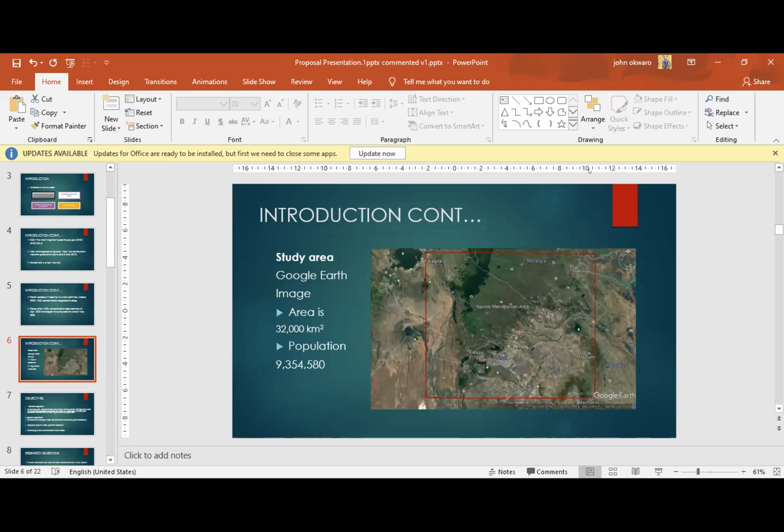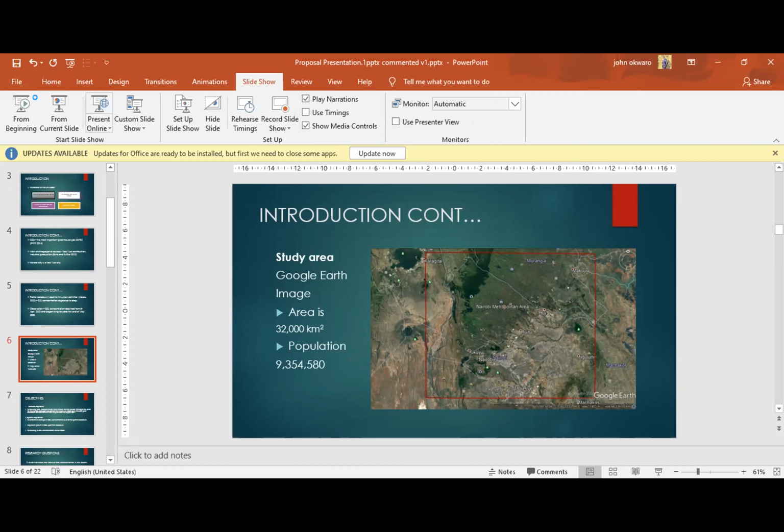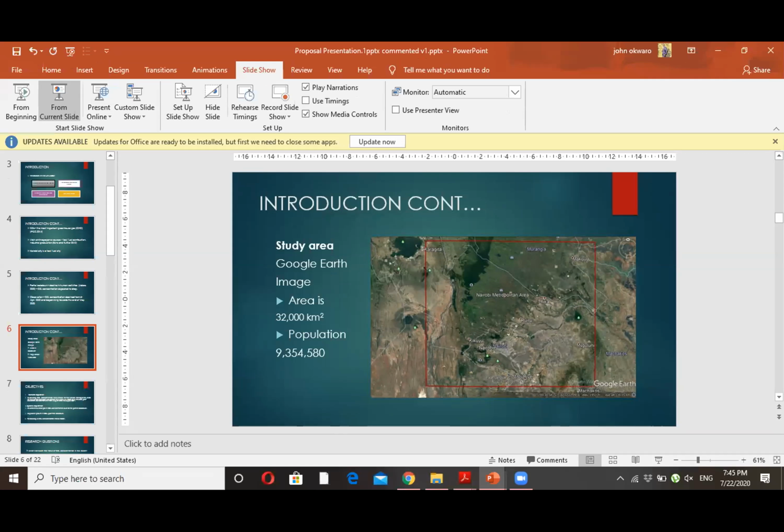Excuse me, John, maybe you push the F5 button for full size of the slide, if it's possible. So, just a minute. It's not so necessary, but it's more comfortable if it's possible.